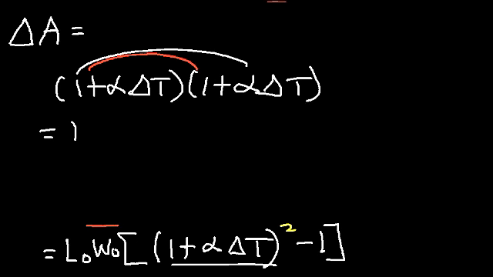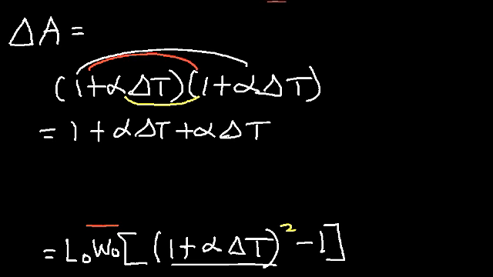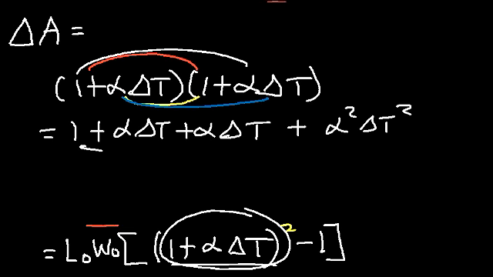And 1 times alpha delta T, that's simply alpha delta T, plus alpha delta T times 1, which is another alpha delta T. And finally, alpha delta T times alpha delta T, that's alpha squared delta T squared. So we're going to replace this term with this expression.